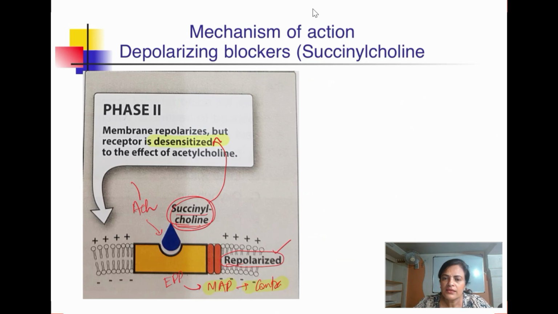So ultimately this also leads to flaccid paralysis, and this paralysis is very similar to the paralysis we get with the competitive blocker, or you can say the non-depolarizing blocker.